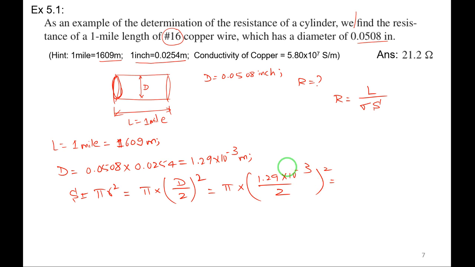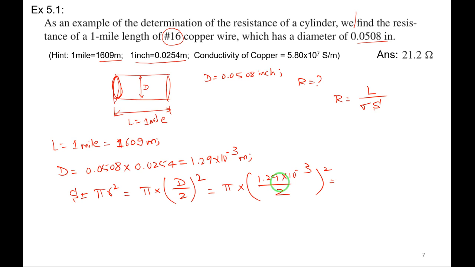We will calculate this. 1.29 exponential minus 3, let me put it in the bracket, squared, into pi. So I am calculating the numerator, into pi.